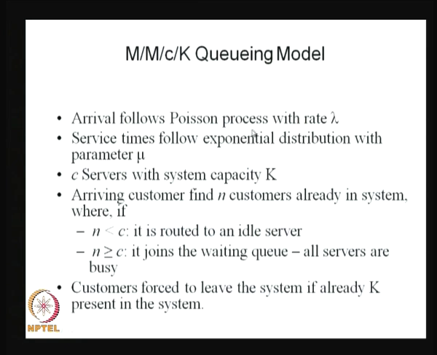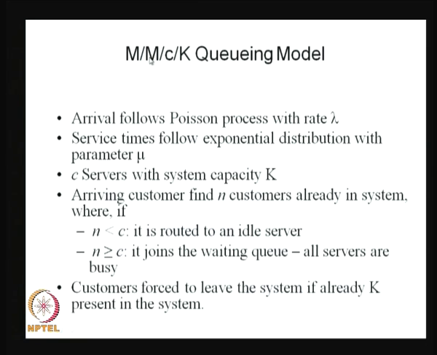The arrival follows a Poisson process, service is exponential, and we have C identical servers. Whenever the system size is less than C, the customer will be routed to an idle server. If it is greater than or equal to C, that means all the servers are busy, so the customer has to wait.